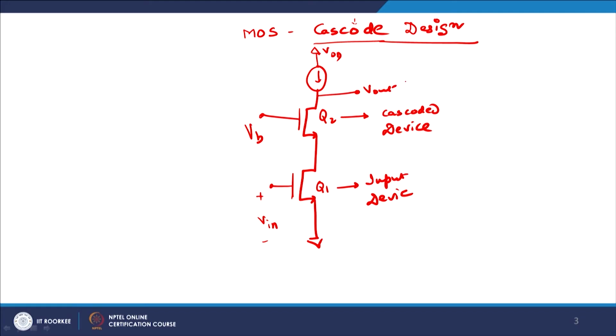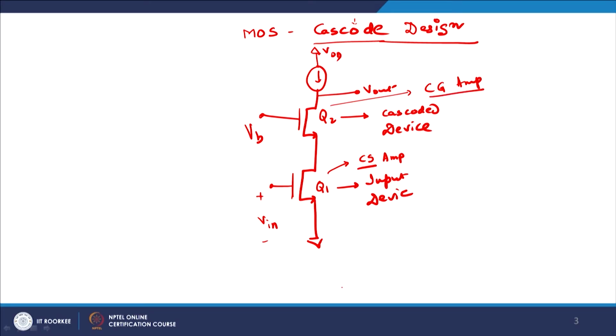If you look very carefully, this Q1 is basically a common source amplifier, whereas this one is basically a common gate amplifier.